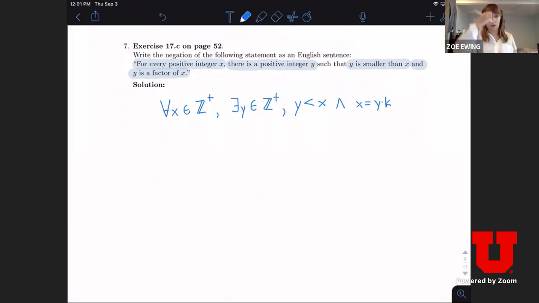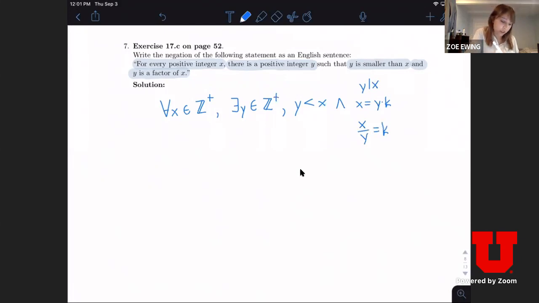So there's also, let's see, we can also say that y divides x. That's also valid. And there was one person who said you could put x over y equals k.